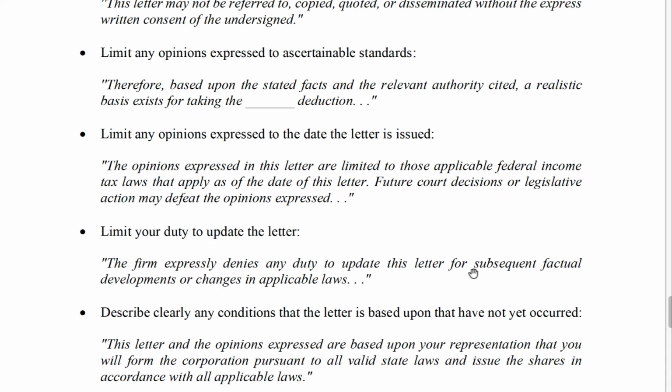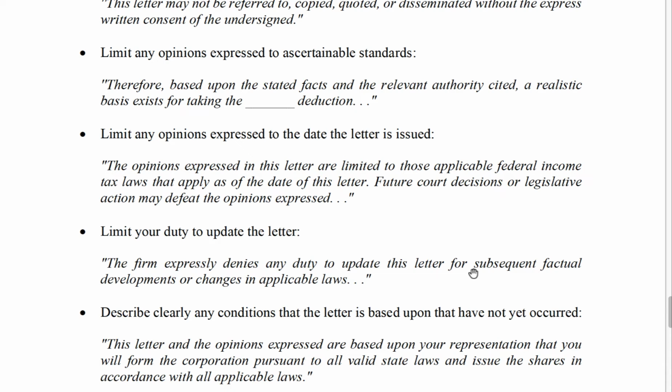So if you do think something will become retroactive or go away because Congress enacts a law, just be careful of that and make sure you put that in the letter, because again, you could be dealing with something that could open up the floodgates to potential liability through malpractice suits.